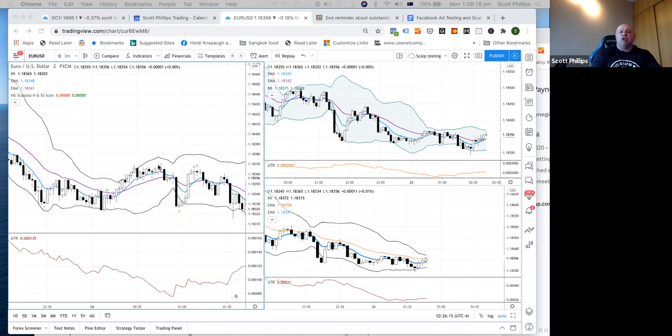So Bollinger touch on the 5 and trending on the 10, we can go for a 2R target. Now, you can see here, easily made 2R target.